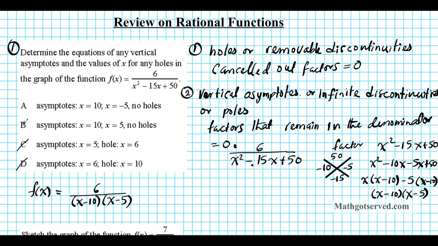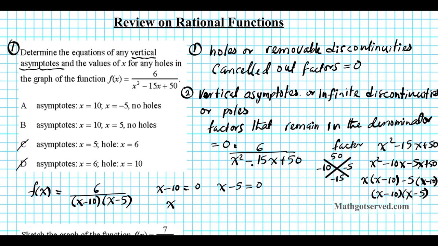Now let's look at A and B. Which one is correct here? So remember, to find your vertical asymptotes, what you do is you set the denominator after it has been reduced to 0 and solve, okay? The factors that remain in the denominator. So all we'll do is we'll set x minus 10 to 0 and x minus 5 to 0 and solve.